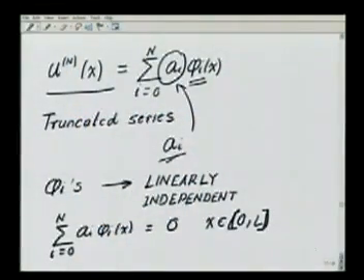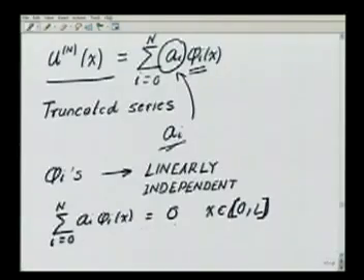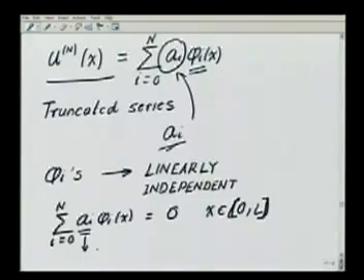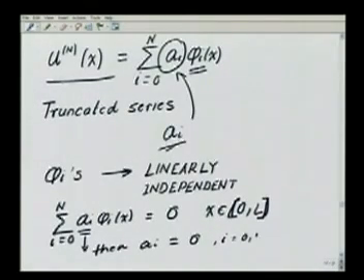Then linear independence means that all the a_i's will come out to be 0 trivially. If this happens, then we say these functions phi i are linearly independent. So in forming this series, we need these linearly independent terms.